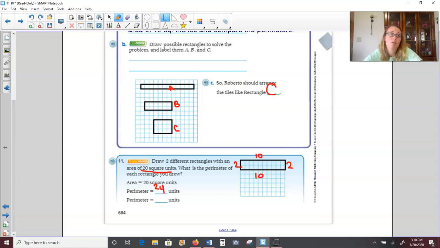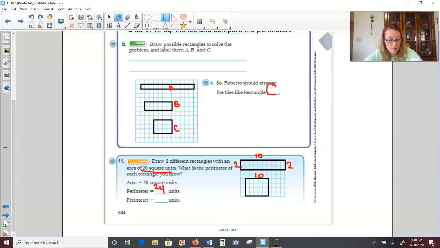So I could do, trying to think what divides into 20. I could do 20 divided by 4. Can't do that. So I could do 4 rows of 5. 1, 2, 3, 4, 5.